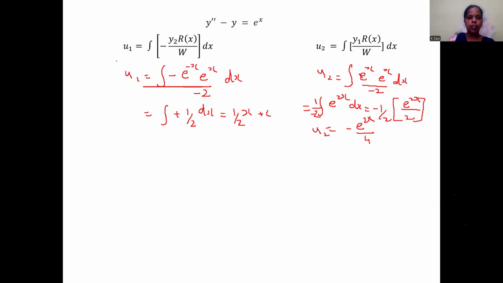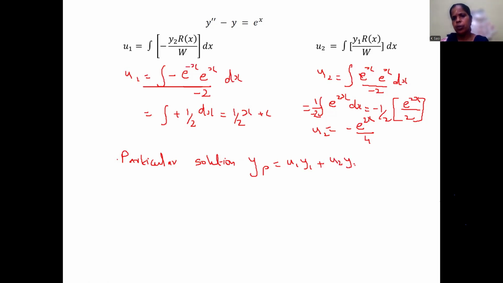Now, what is the particular solution formula? yp is equal to u1 y1 plus u2 y2. So u1 we got as x by 2, the constant is not needed, so I can leave it as such, 1 by 2 x. And y1 you got as e power x.